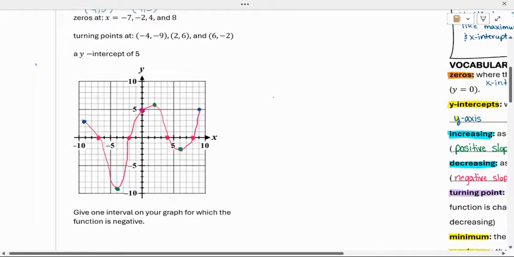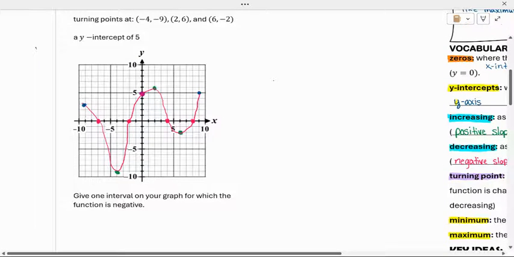The last question says, give one interval on your graph for which the function is negative. So what does it mean for a function to be negative? Isaac, what does it mean for my function to be negative? This is the third time we've had a question like this. The y-axis equals what? 0.